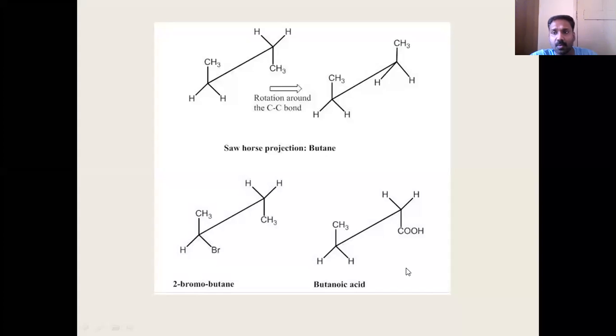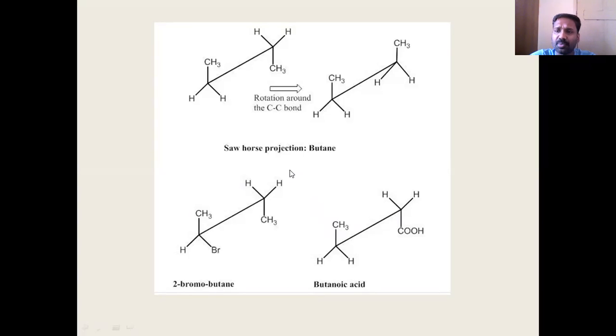But see, whether Newman or Sawhorse, what is the first care we have to take? That the carbon skeleton should be represented like this. Okay. If this is the bond, the carbon should be represented almost in a staggered way always. You see this?